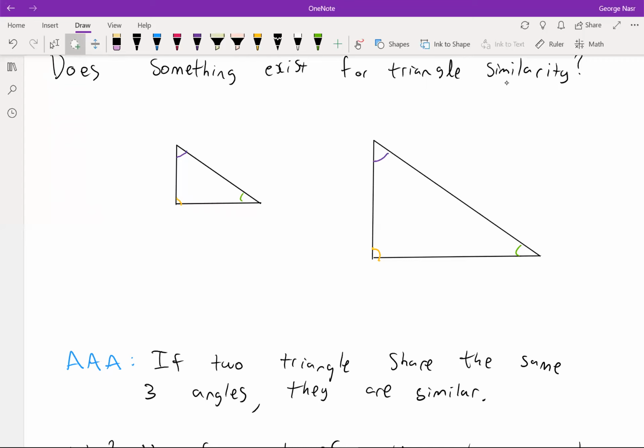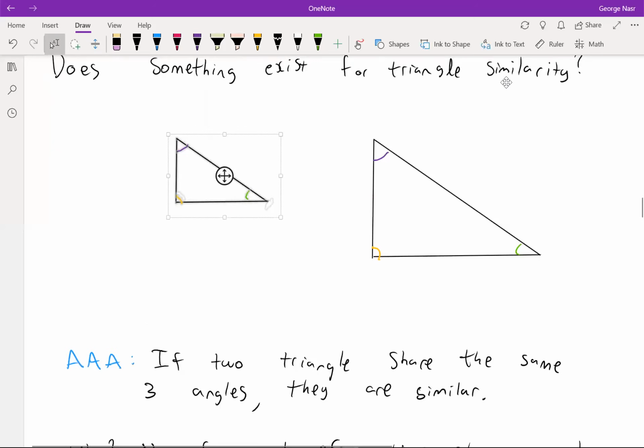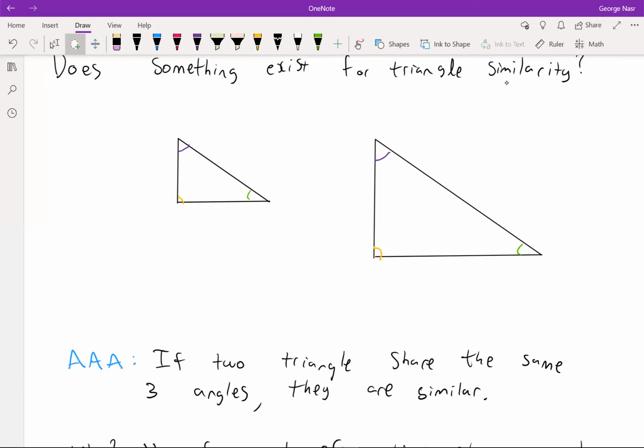That means that if two triangles have the exact same angles, then I must be able to use translations, rotations, reflections, and maybe dilations to get one to lie perfectly on top of the other. That's a really powerful statement. Saying they're similar literally does mean I can stretch it out to make them look exactly the same. And I'll also remark that this AAA, angle, angle, angle, does not work for quadrilaterals and other shapes.